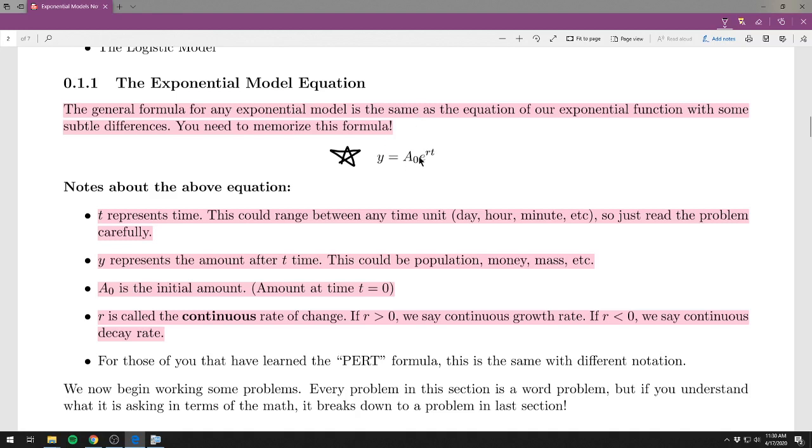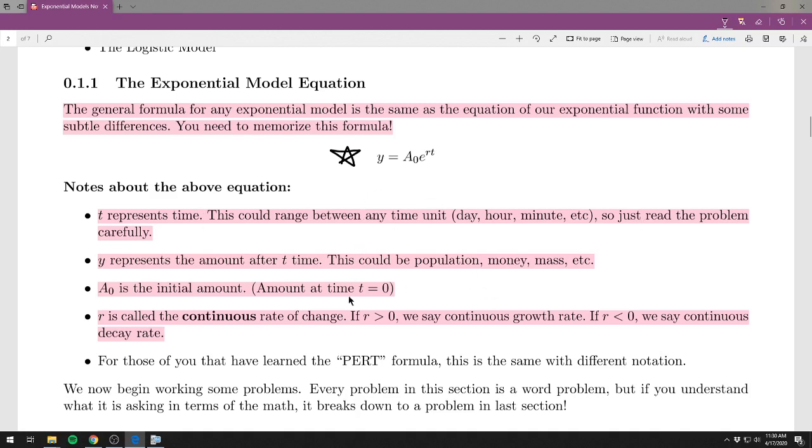But in this model, t is representing time. Typically, we're going to look at things changing over some set time. It might be days, hours, minutes, years. You just have to be careful about reading the problem, what your time should be. y represents the amount after time t. So if we plug in t equals 3, y is the amount at time 3.